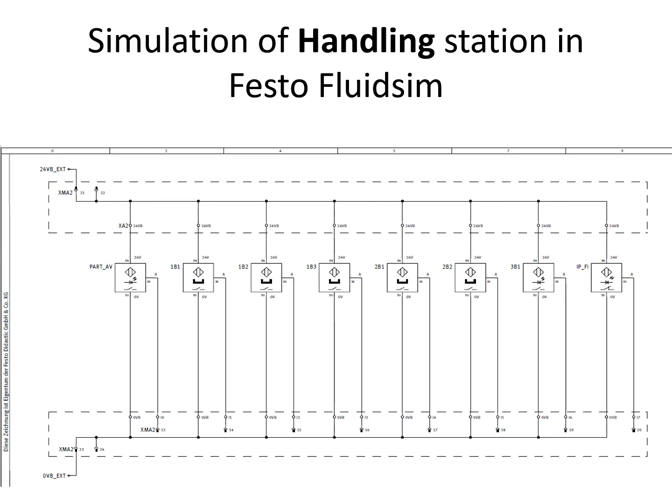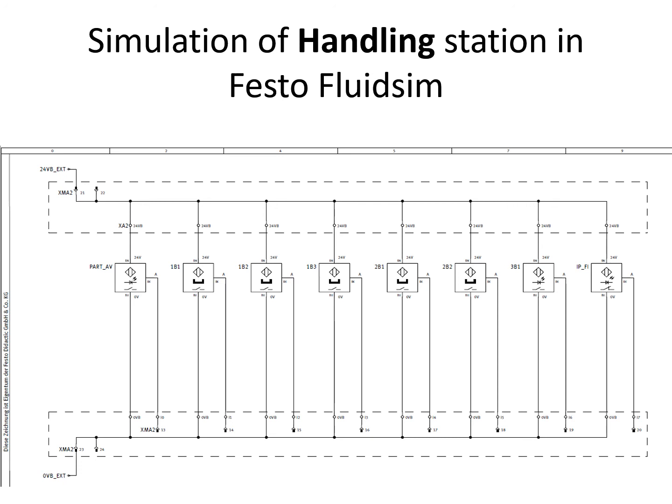This is the receiver on the station. You don't need to include this one, and this one is used to confirm connection of the handling station, for example, to the distribution station. So you don't need to include this one in your simulation.